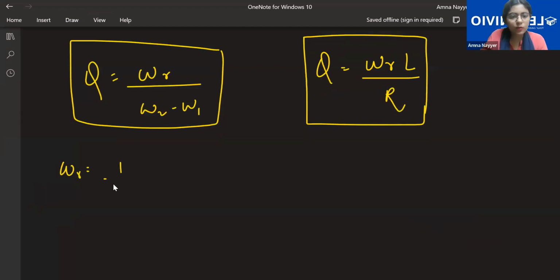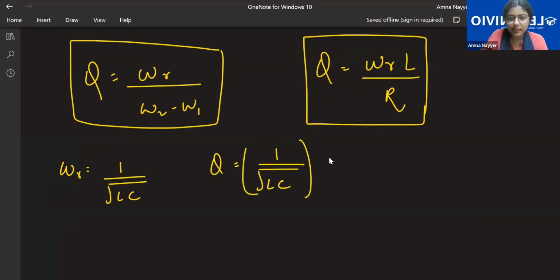Q is equal to omega R, that is 1 by root LC into L by R. Same thing I've written. So to rationalize it, I divide and multiply it with root L.